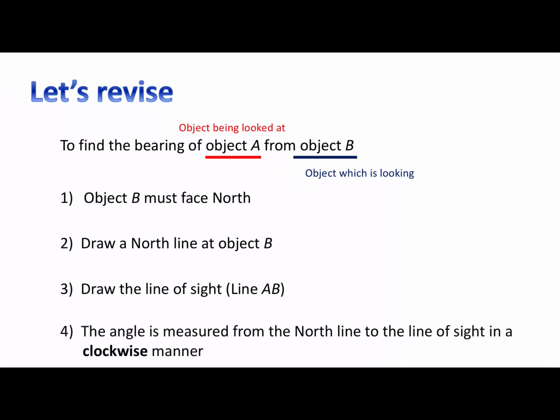The bearing is the angle from the north line to the line of sight in a clockwise direction. Okay, we are going to do some examples on this to make the understanding stronger. Okay, but pause this video and understand these steps carefully and slowly.